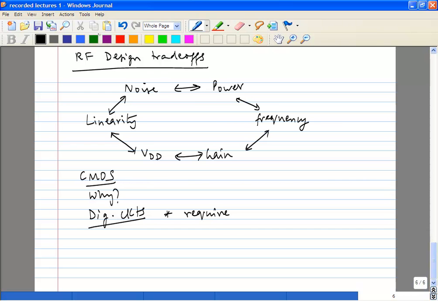Require very few devices per gate. So that makes it very attractive as far as density goes. Then you have no static power dissipation.